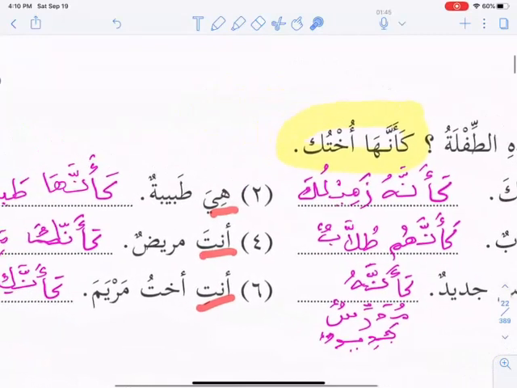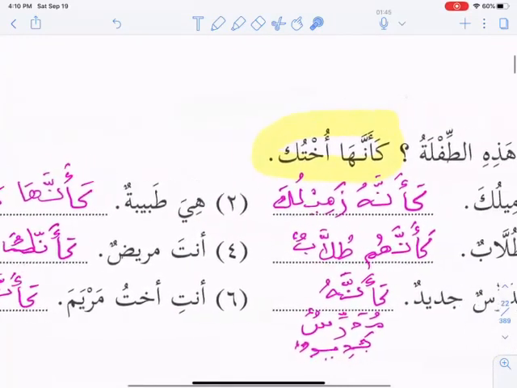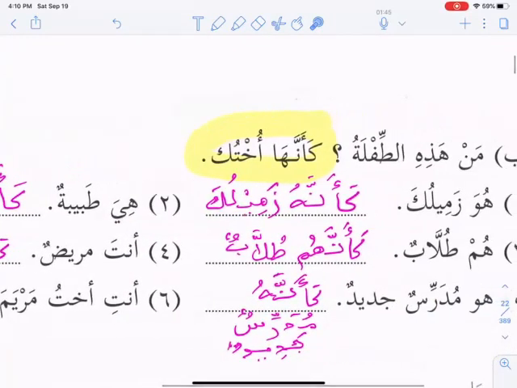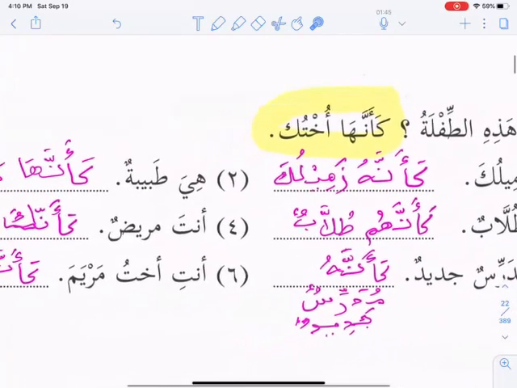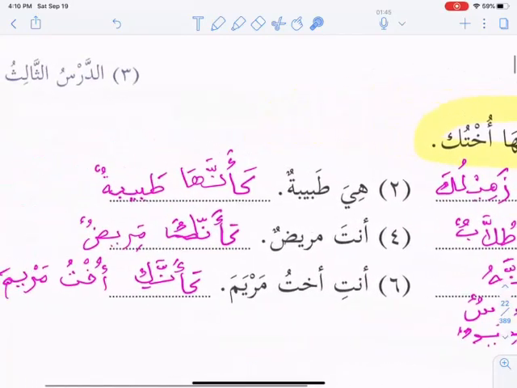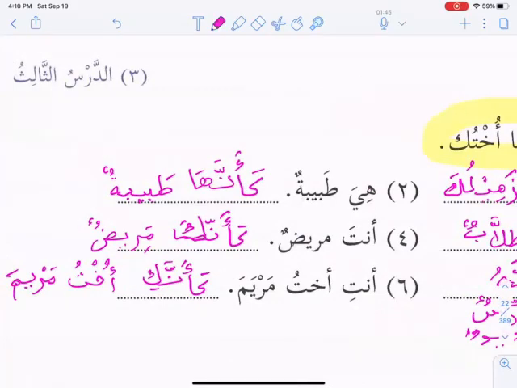Ka'annaka. Now, anta maridun. Ka'annaka maridun. So ka'anna is min akhwatu inna. Ka is ismu ka'anna, mansub, and maridun is khabar ka'anna.